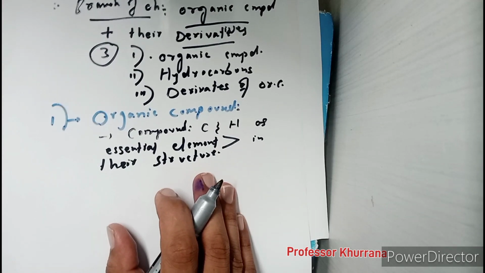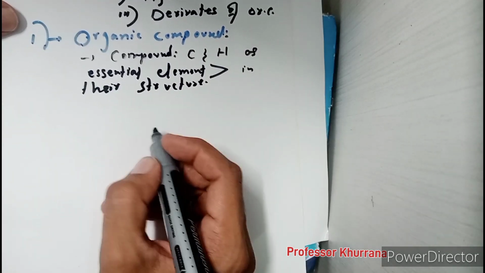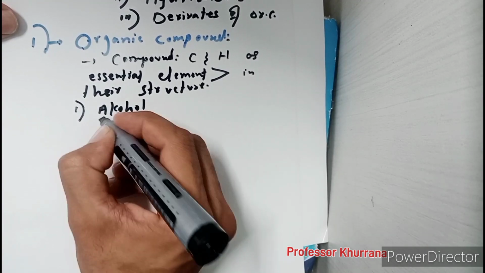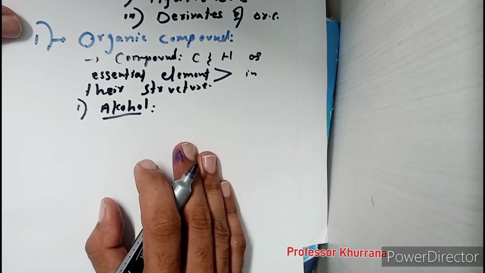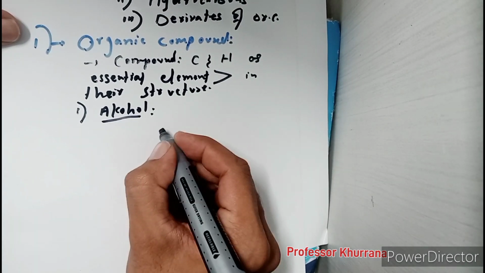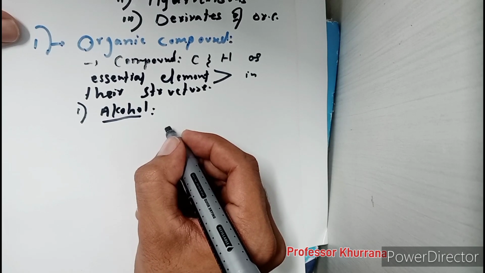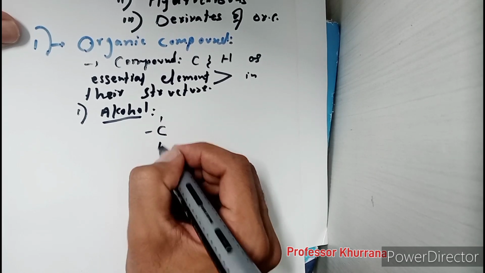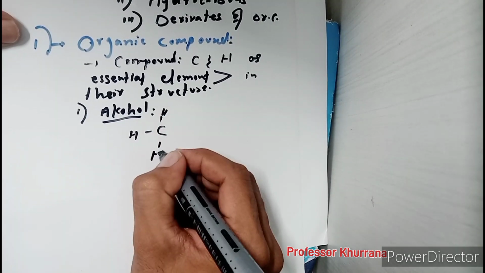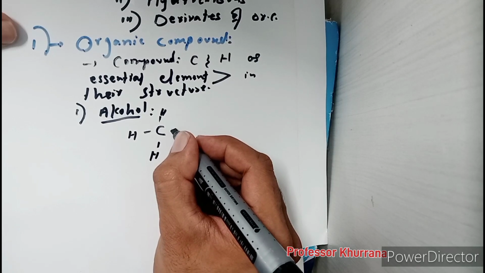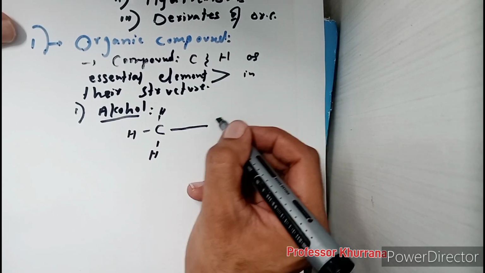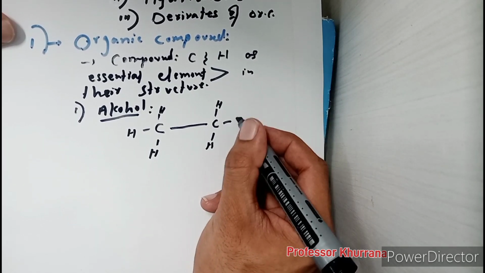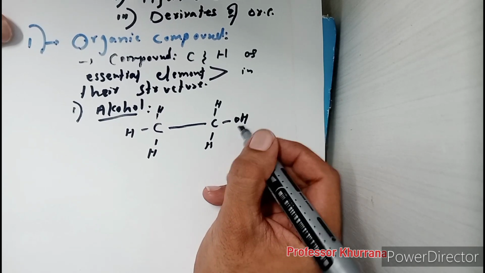Now we will discuss some examples. Number one is alcohol. The structure of alcohol is that it is carbon, it has three hydrogens attached to it, carbon, hydrogen, or OH.